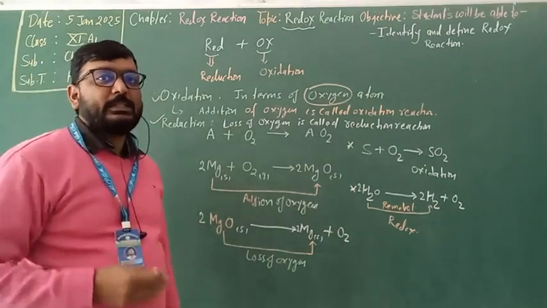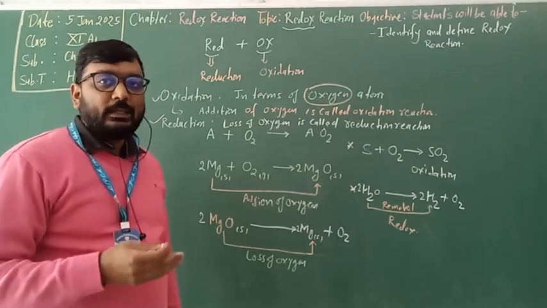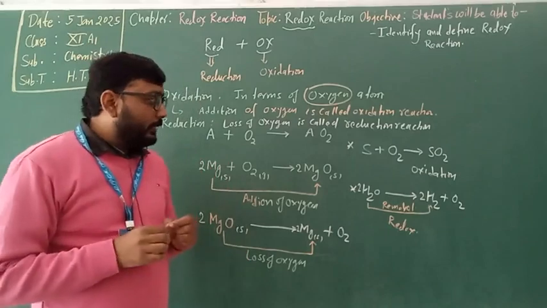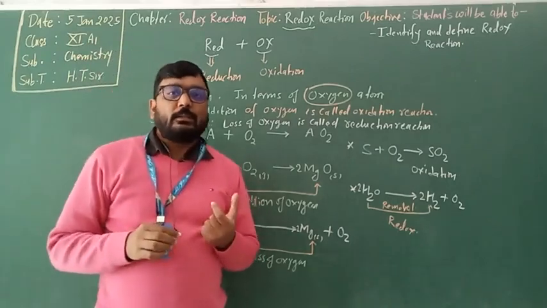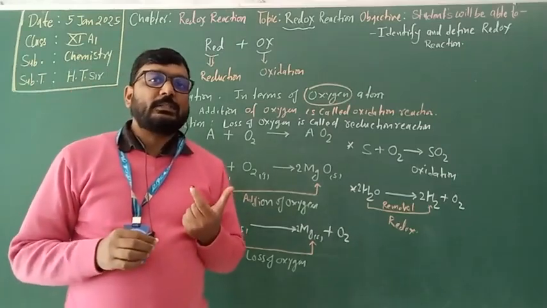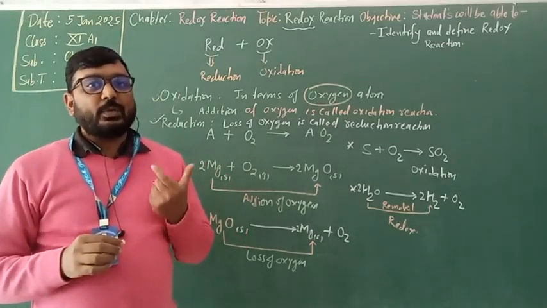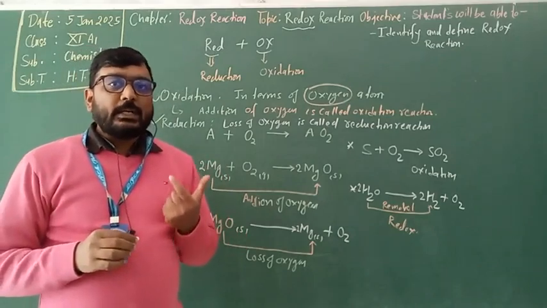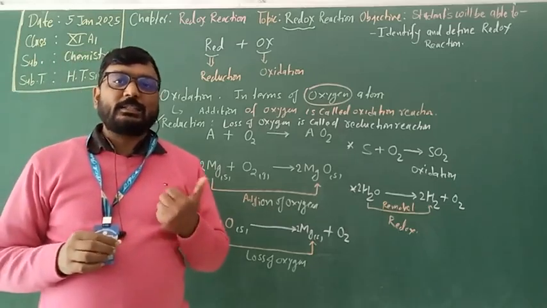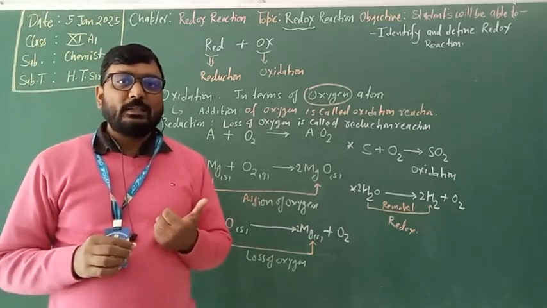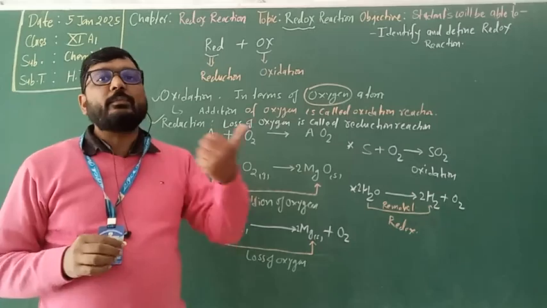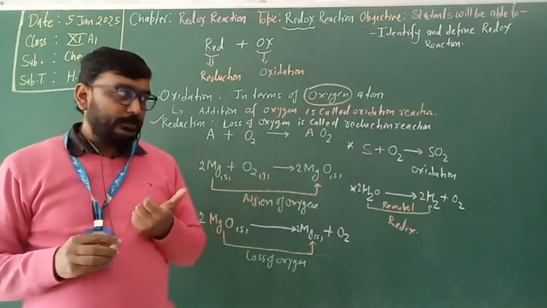But as the study went on slowly, we came to know that we cannot define oxidation and reduction with reference to the oxygen atom only, because in our surroundings there are so many chemical reactions that take place without the involvement of oxygen.